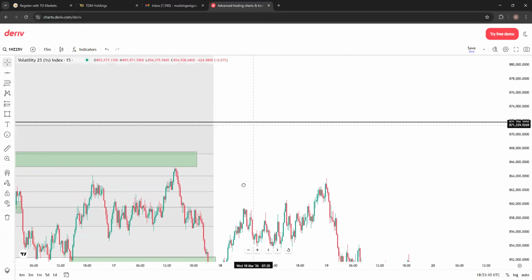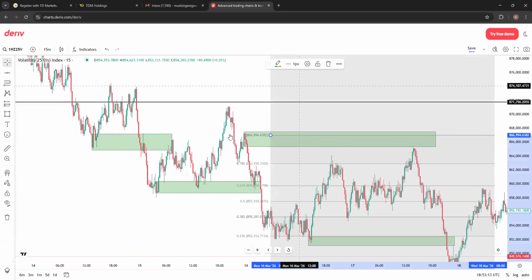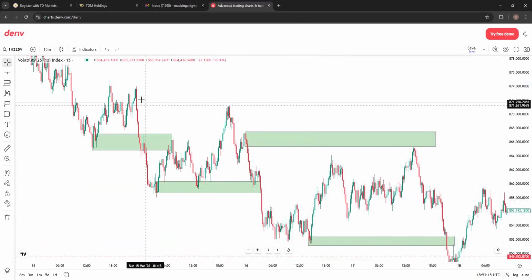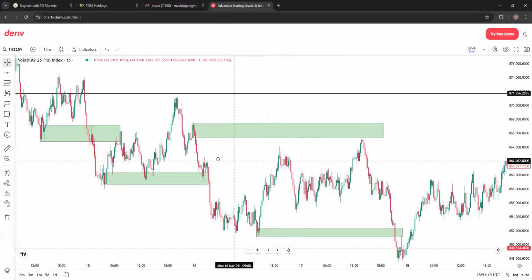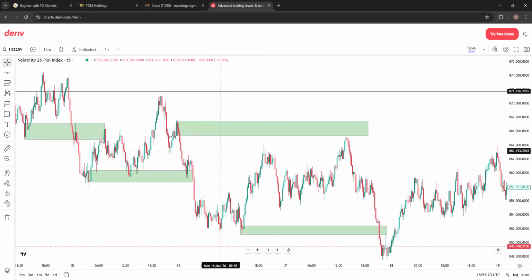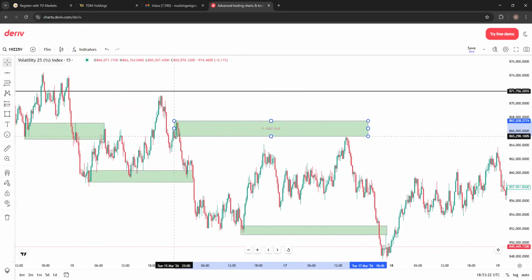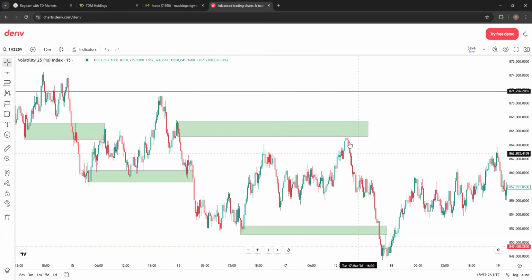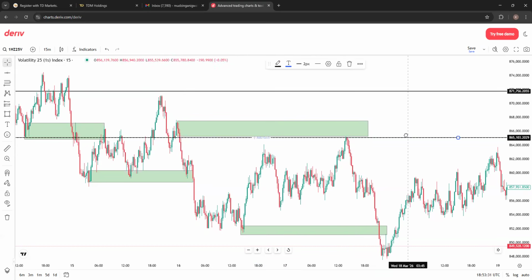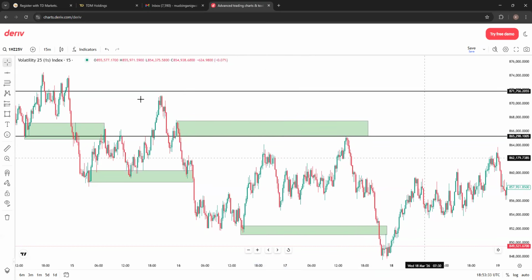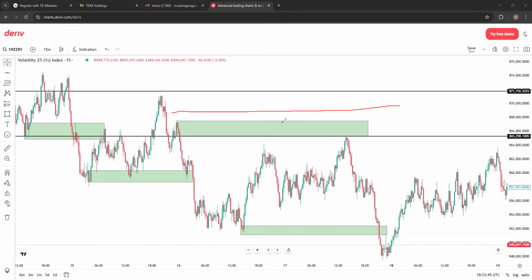Which one can I reference with? Let's say this one, right? We came and the moment we tapped on our OB, we took this trade. This would have been our entry here, just here at the tip. And where would our stop loss be? Our stop loss, if I measure from here to there, would be somewhere around this area over here, right? And remember, this is the 15 minutes time frame.